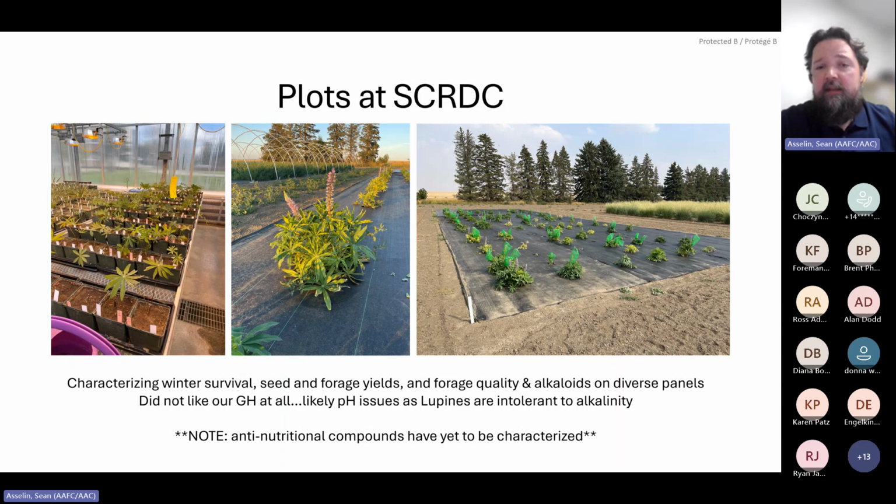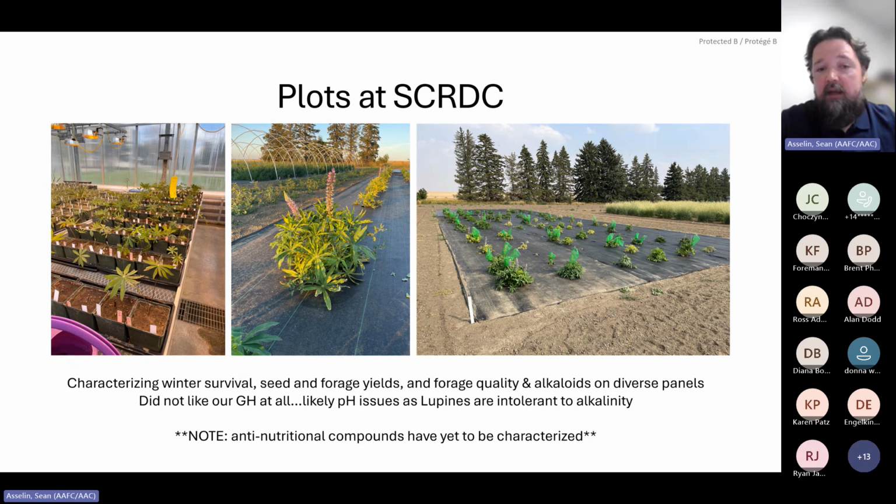One of the things that we're looking at in this species is alkaloid content because that is an anti-nutritional compound. And I will note lupines make a good forage if you are dealing with a sweet variety. And that's really the key point. I have to note, and I cannot make it clear enough, that wild lupines can contain anti-nutritional compounds. So animals should not be grazing them unless they are sweet varieties.